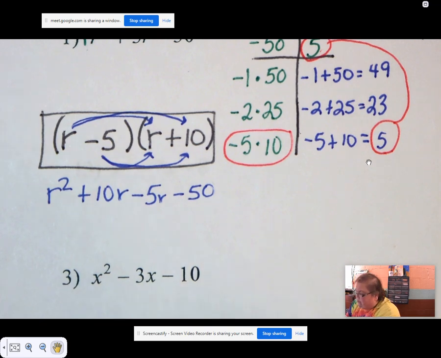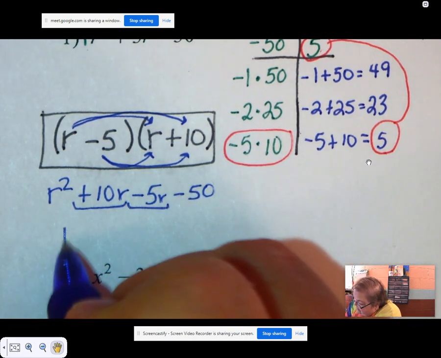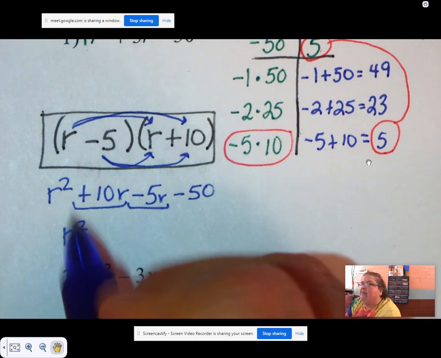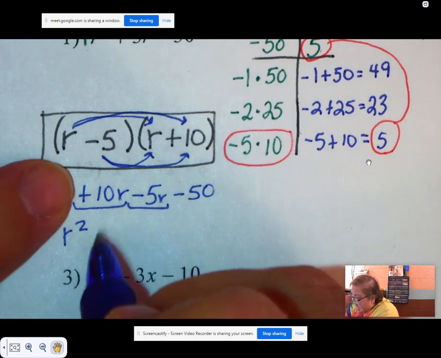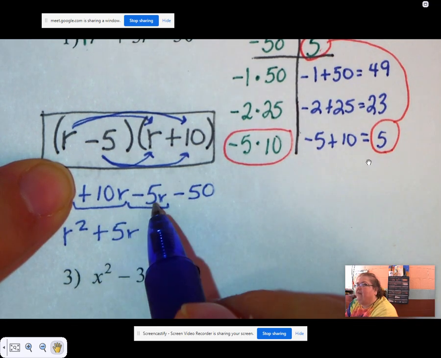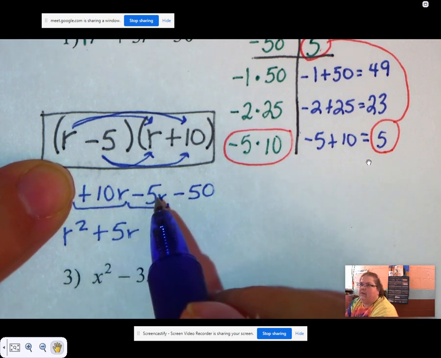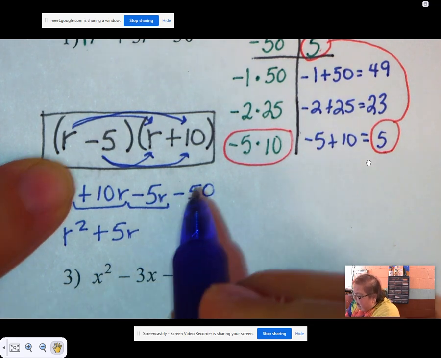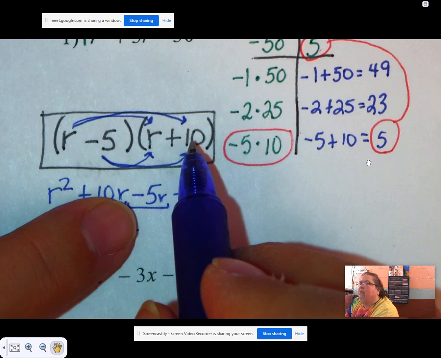My final answer, because I can combine the two in the middle, right? R squared. Didn't I multiply to get R squared? Yes. Plus 5R. How did I get the 5R? What did I do with these two numbers? Added them. 10 plus negative 5, right? And then how did I get negative 50? Multiply.